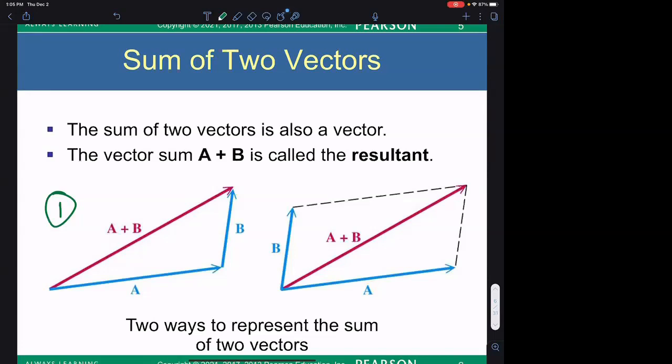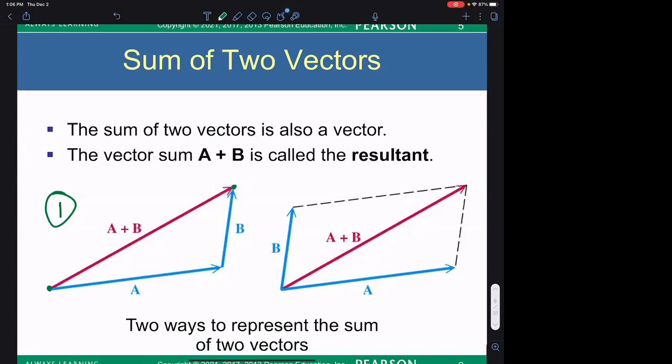And then that finishing point at the end of vector B, which was attached onto the end of vector A, is the finishing point of A plus B. So A plus B and A start in the same place, but A plus B finishes where B would finish if you stuck the B vector's initial point at the end of vector A.